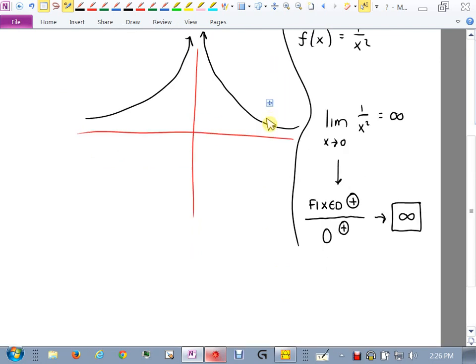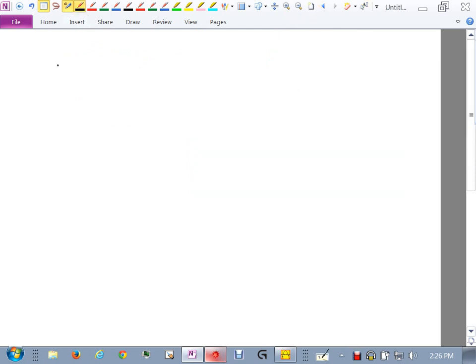I want to do another one. How about this one? What's the limit as x approaches 0 of 1 over x? Do I remember what this one looked like?